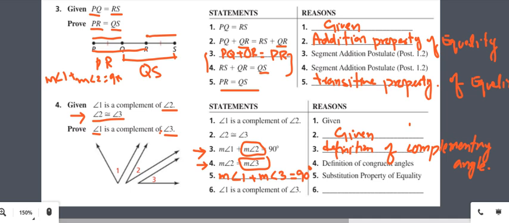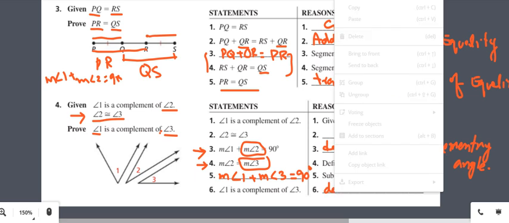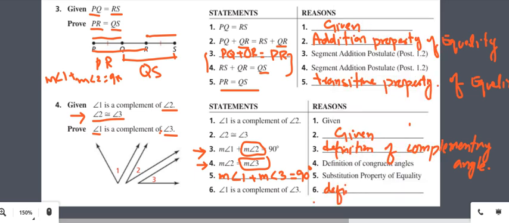Then by this statement I can say that angle 1 is the complement of angle 3 by using the definition of complement. Is there any question? No. Okay, thank you.